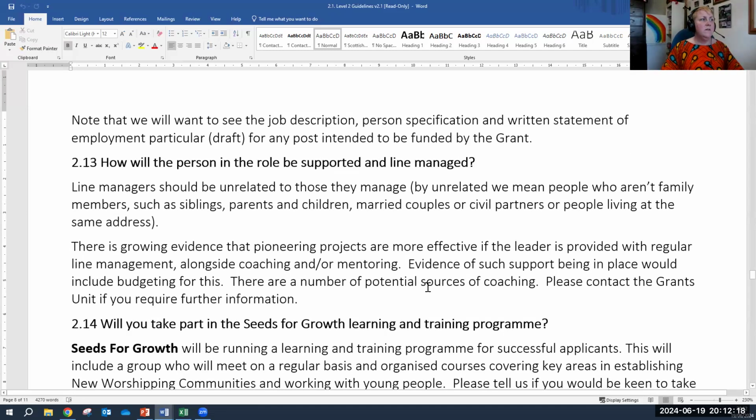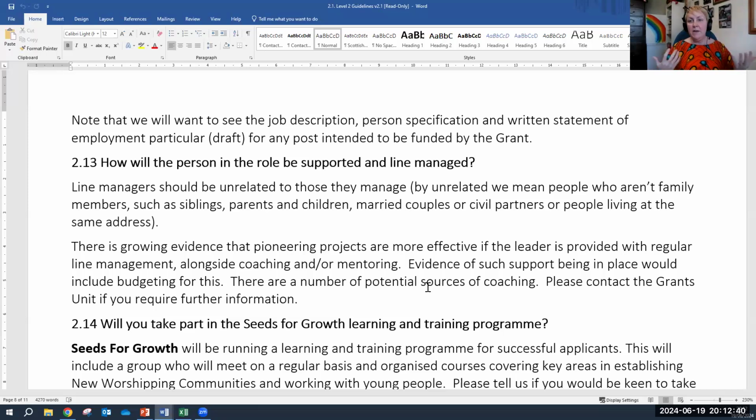Okay, so how will a person in the role be supported and line managed? So again, we want to be places of best practice, and we know that projects grow and are successful when people are valued and supported, and therefore line managed well. So normal rules apply. Line managers should not be related to those that they are managing.